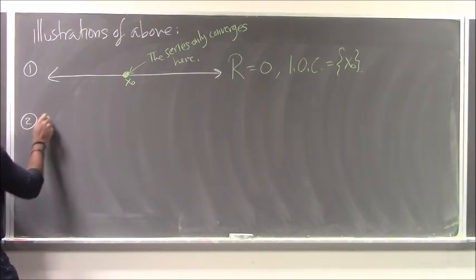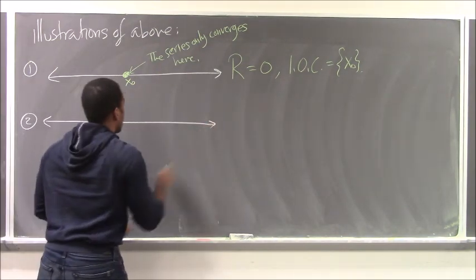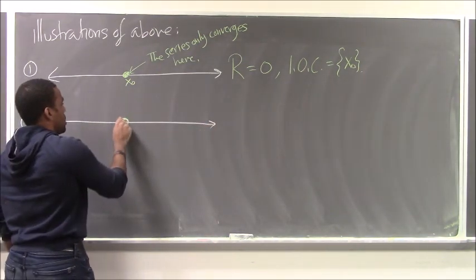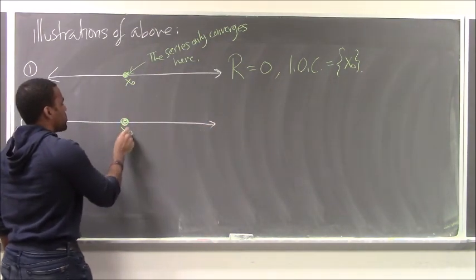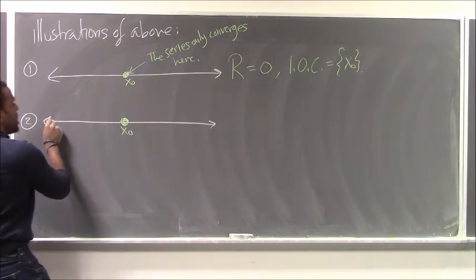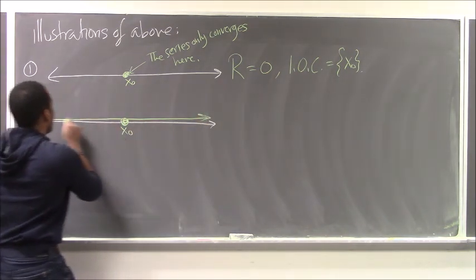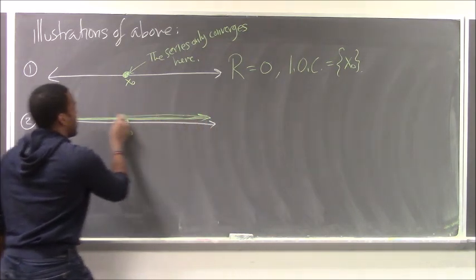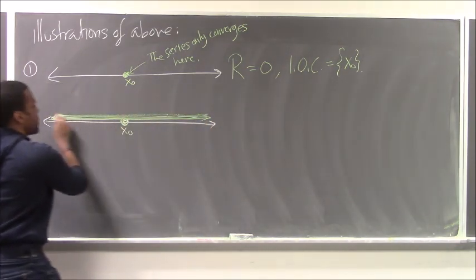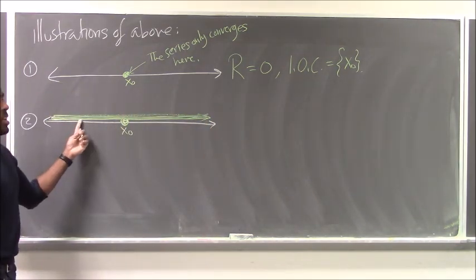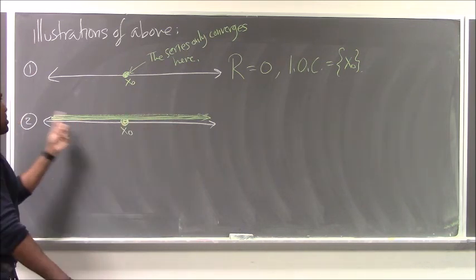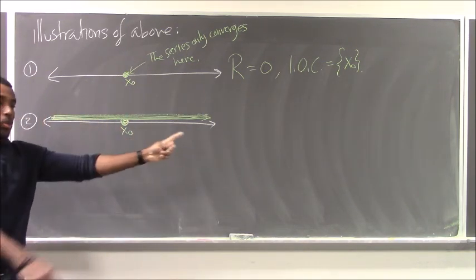Another possibility is here's the number line, here is x naught, but the series will actually work everywhere. So the series will work on the entire real line, meaning I can plug in any x value anywhere along the real line.